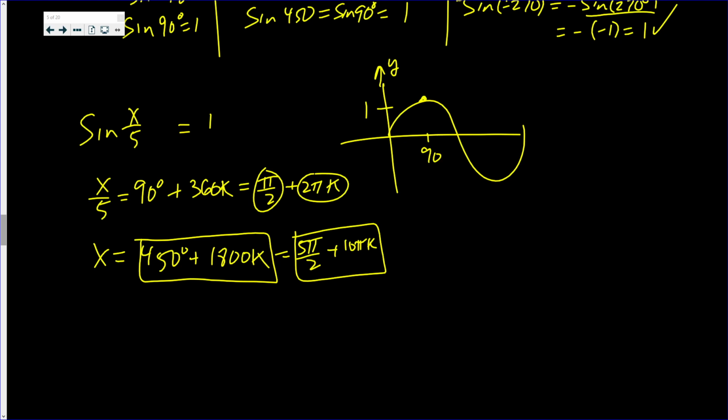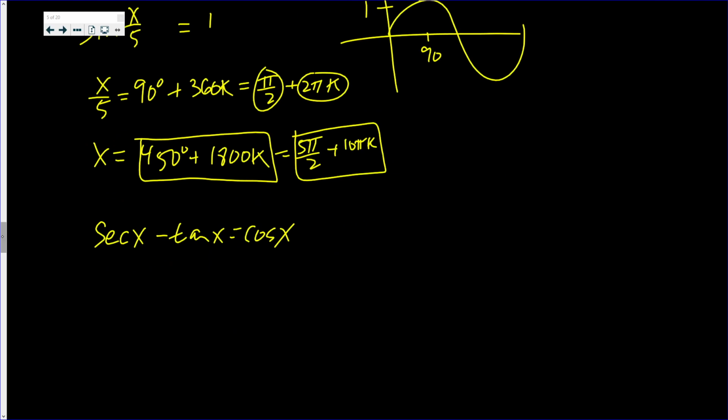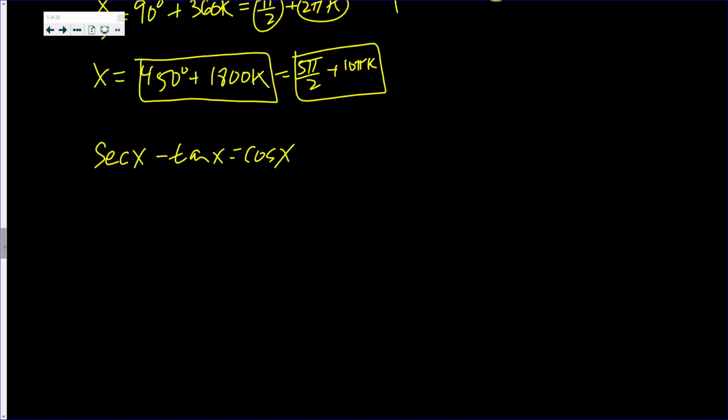Now, suppose you were asked to solve this problem. How about secant x minus tan x equals cosine x? Now, this looks like a mess, and you're probably right. How about we get this to be just sines and cosines?